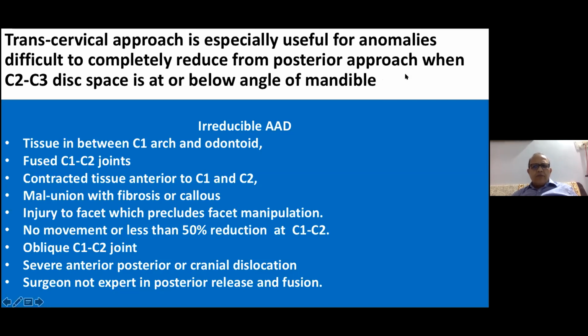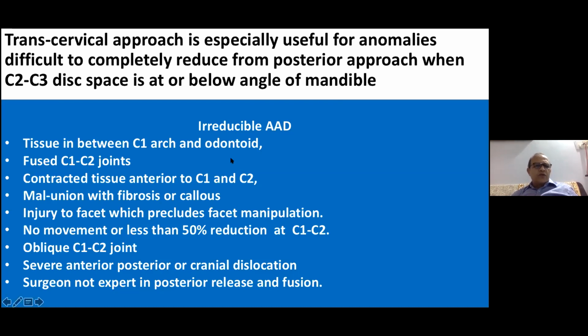But the problem in transcervical approach is that the C2, C3 disc space is at or below the angle of the mandible, because it comes in the way when you operate, and it is a little oblique approach. So it is especially for irreducible lesions and some lesions which are very difficult, where even under GA and manipulation of the joint, you cannot reduce them completely.